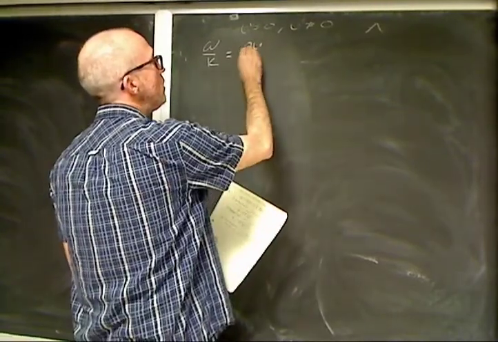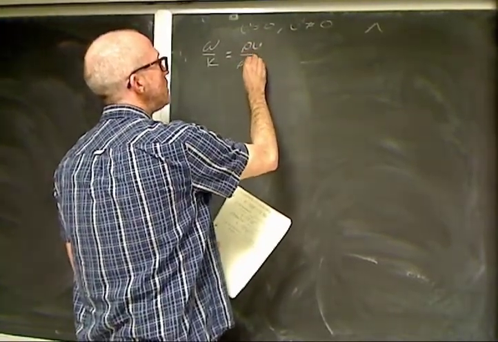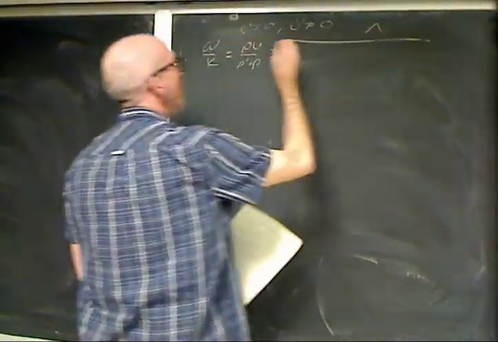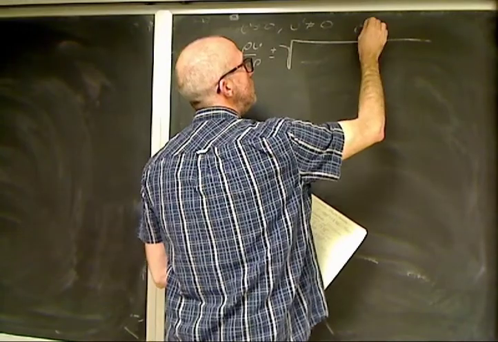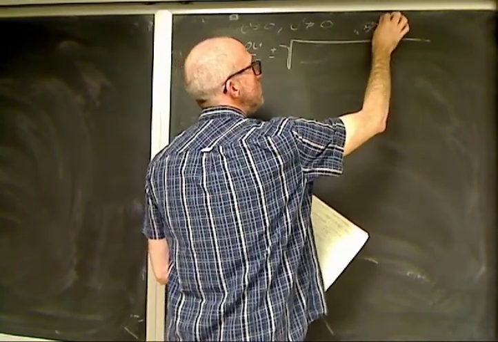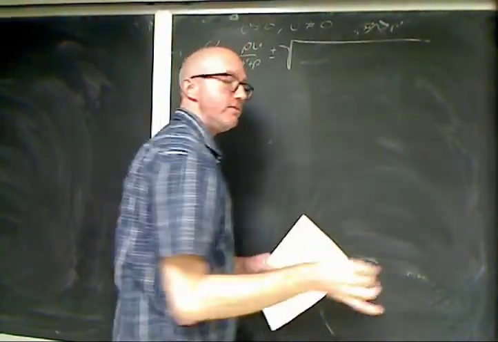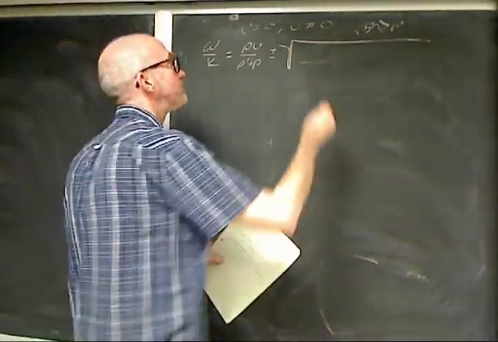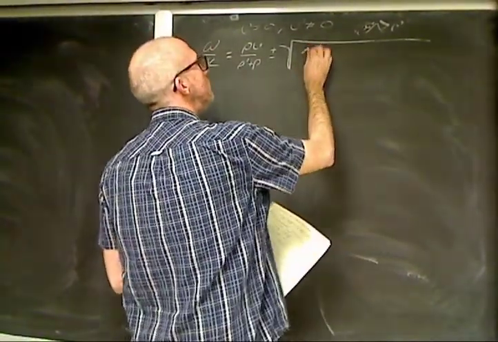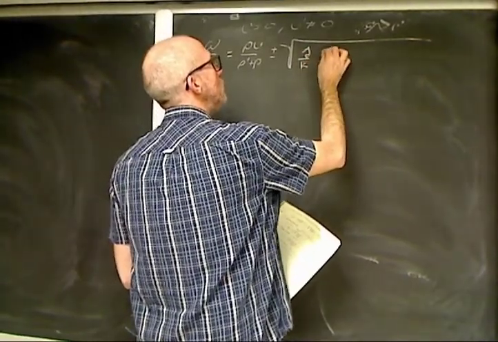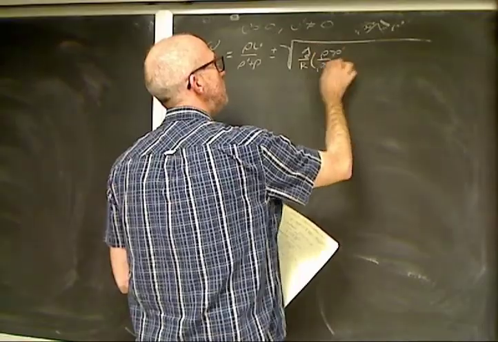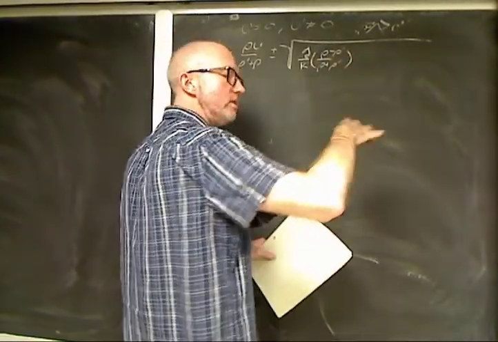Then we're left with rho u over rho prime plus rho, plus or minus the square root of, also let's assume that rho is bigger than rho prime, so that the heavy fluid is on the bottom, because as we discussed, if we invert it, everything falls out. So we're left with g over k, rho minus rho prime over rho plus rho prime. So this is just the traveling wave part.